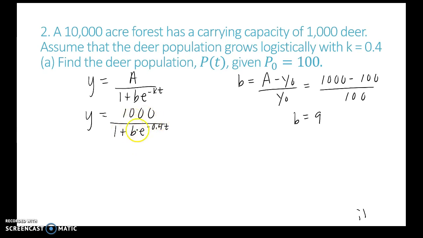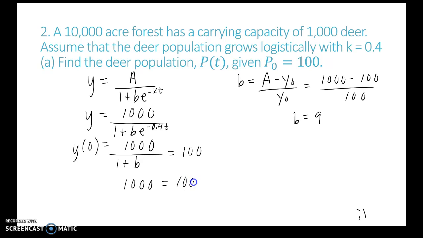If we plug that information in, replacing t with 0, and I set this equal to 100, it's just a matter of: do you want to remember another formula for B, or do you always just plug in the initial condition?